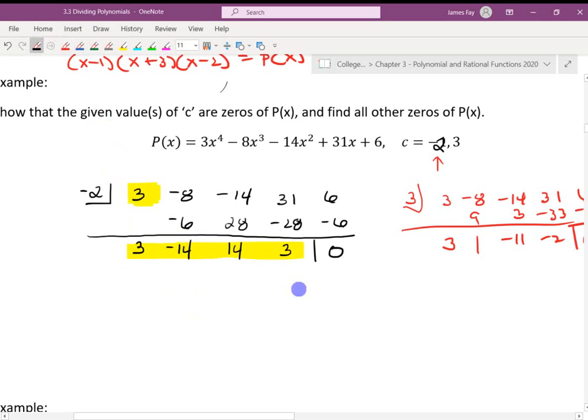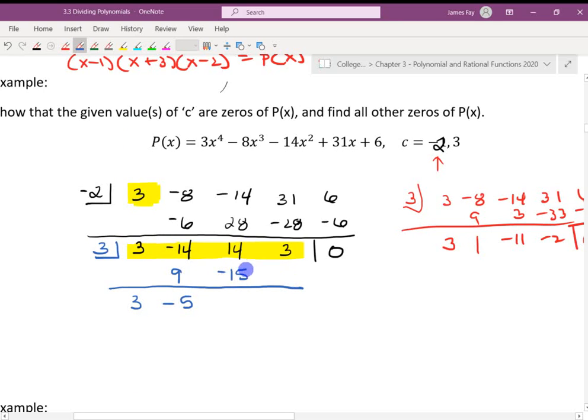And you can rewrite it if you want. I usually just put a box right there, and I'm going to put the 3 in that box. And now I'm just going to do a synthetic division with that. So I'm going to bring my 3 down. Multiply gives 9. That gives me -5.